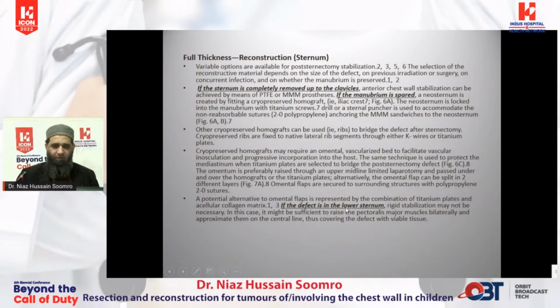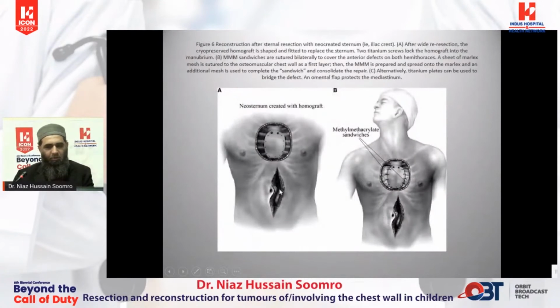If the defect is in the lower sternum, rigid stabilization may not be necessary. It might be sufficient to raise the pectoralis major muscle bilaterally and approximate them on the central line, covering the defect with viable tissue, as shown in this picture. You can see here, this is the first picture when the complete defect is there.